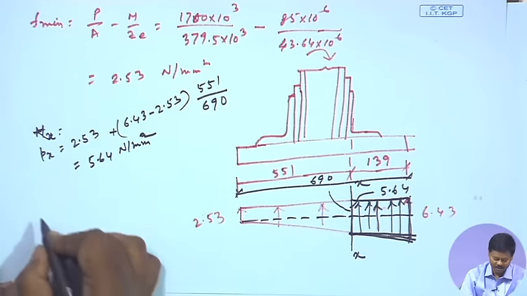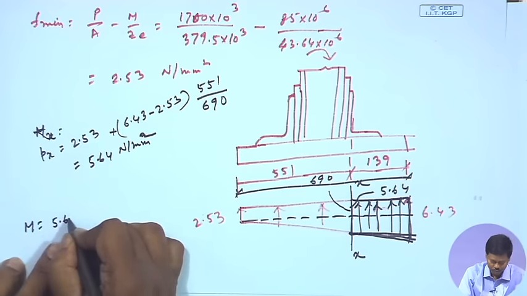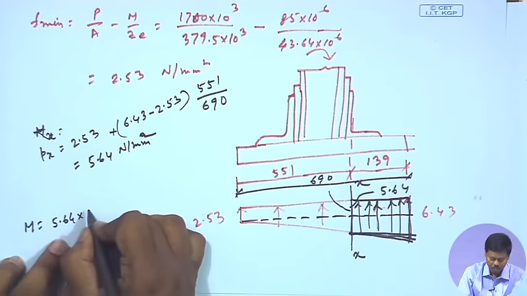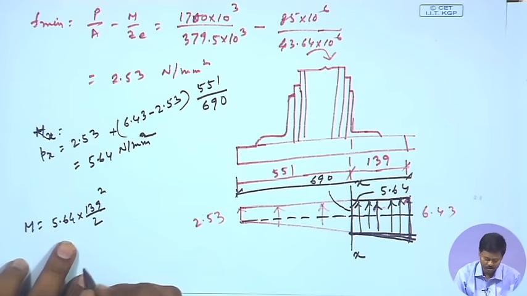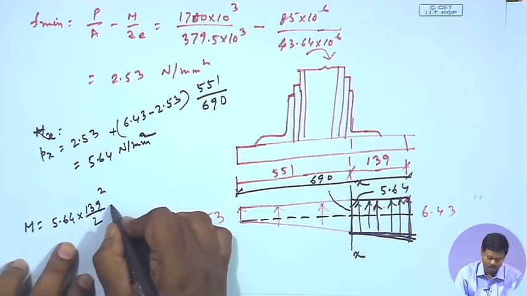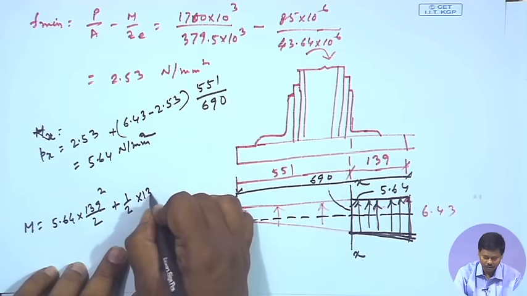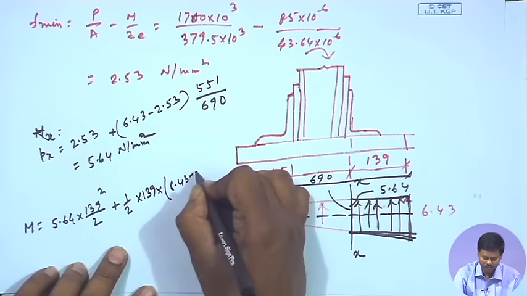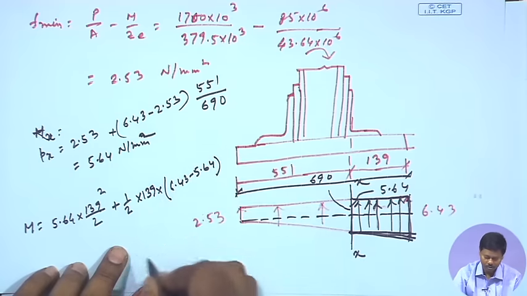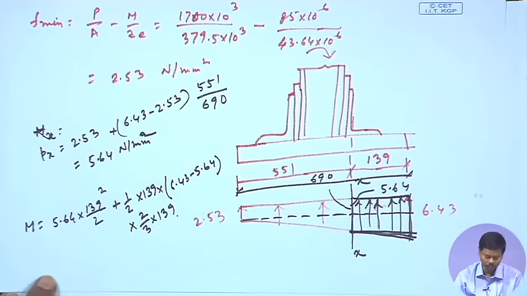So, the moment at that section I can now find out. The moment will be w L square by 2. So, 5.64 into 139 square by 2, that is for the uniformly distributed load, plus the linearly varying load, that will be half into 139 into (6.43 minus 5.64) into 2 by 3 of 139, right.